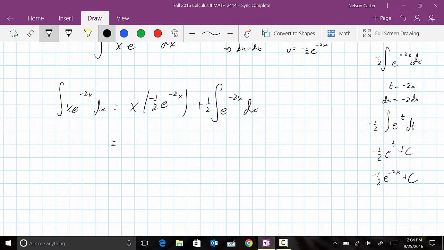So now this is x times negative 1/2 times e to power negative 2x plus, and this is going to be a minus 1/4. Why? Because the a here is negative 2. Remember, we just had this conversation over here. So there's a 1/2 there, but then you're also going to have a negative 1/2 in front. Negative 1/2 times 1/2 is negative 1/4, and then this becomes e to power negative 2x plus constant, and so that ends up being your answer.